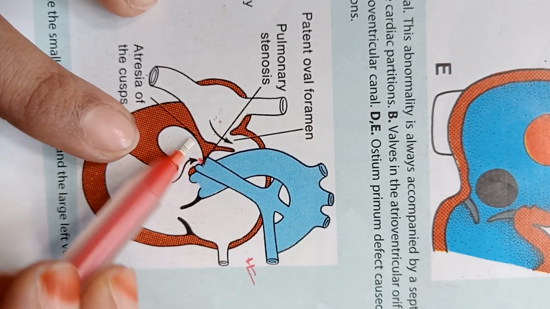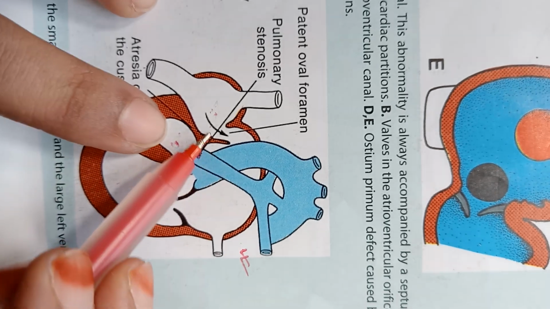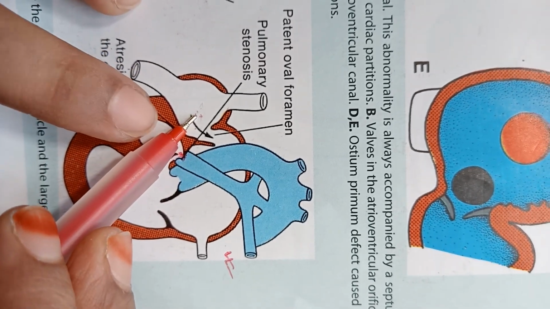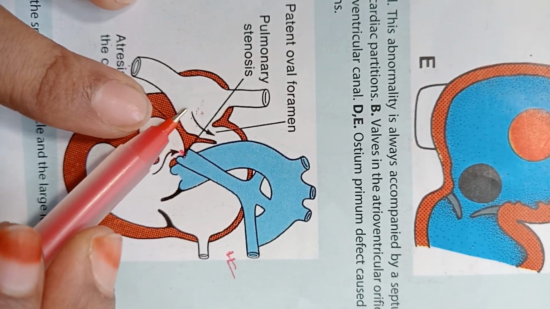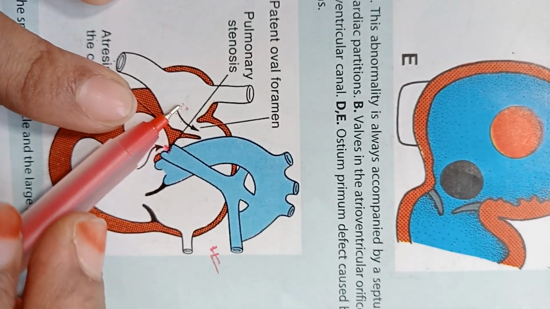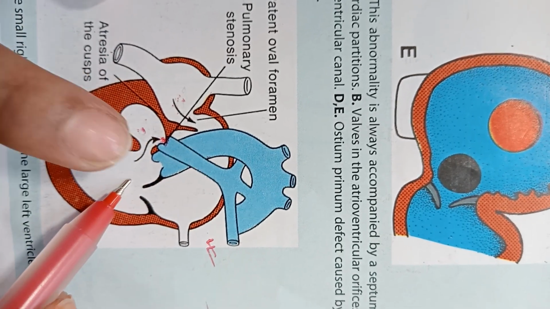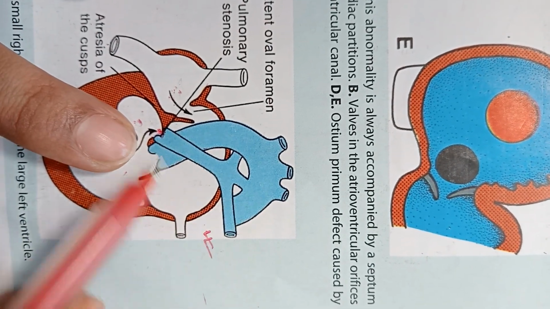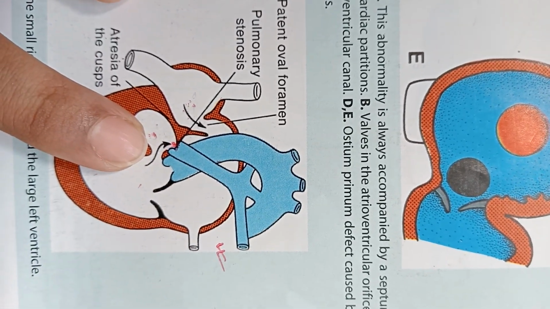As a result, the right ventricle becomes smaller due to lack of nutrition, and pressure increases within the right atrium because the blood is accumulated here. As a result, the deoxygenated blood from the right atrium goes to the left atrium and then left atrium to left ventricle, and that circulates throughout the body. That deoxygenated blood circulates throughout the body, so the baby becomes cyanosed.